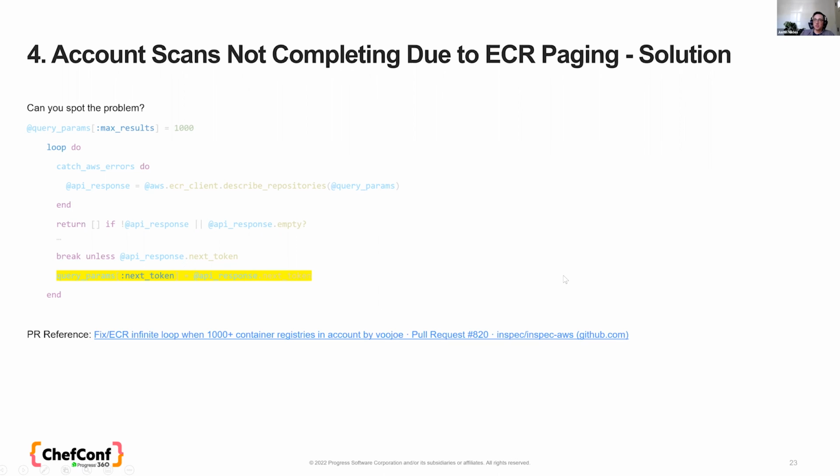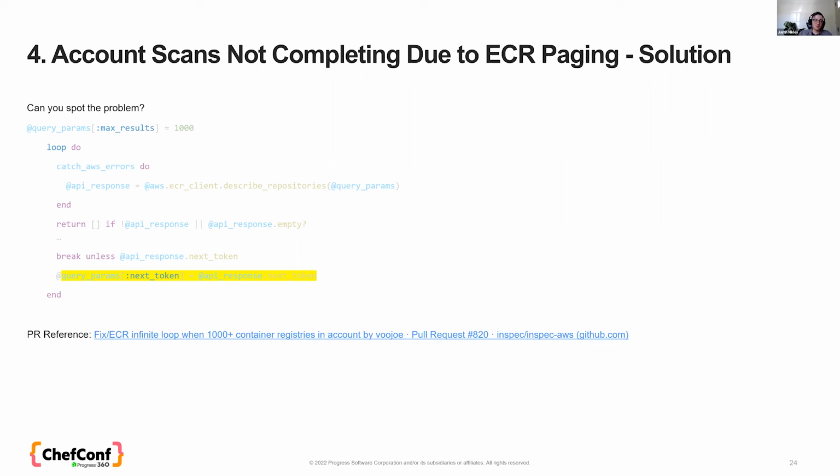So what was happening with this handful of accounts with over 1,000 ECR repositories was it kept querying the same 1,000 repositories over and over again, leading to that increase in memory usage and also preventing the scan from finishing.